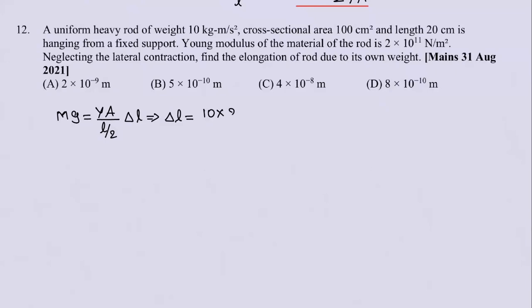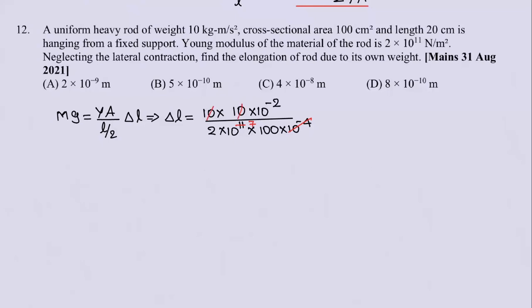Length is 20 centimeter, 20 into 10 power minus 2. Anyway, by 2 we have to take. Directly I take 10 for mg, L by 2 by YA. Young's modulus 2 into 10 power 11, into area 100 centimeter square. 100 centimeter square will be 10 power minus 4. Plus 7 will go to the numerator.